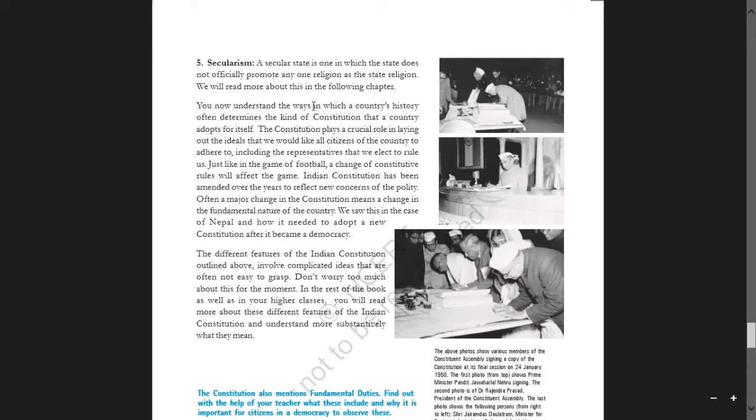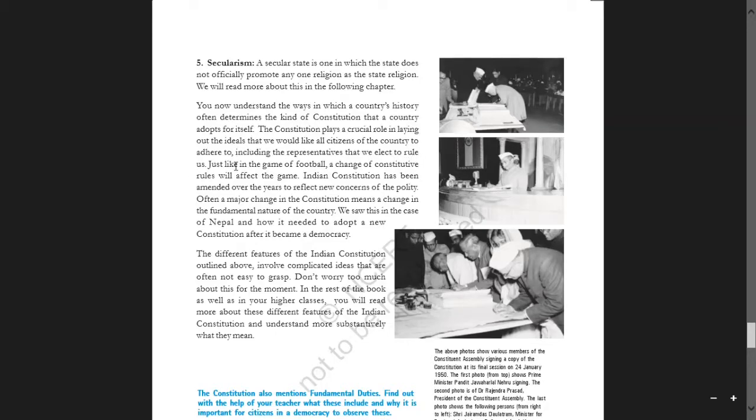You now understand the ways in which a country's history often determines the kind of constitution that a country adopts for itself. The constitution plays a crucial role in laying out the ideals that we would like all citizens of the country to adhere to, including the representatives that we elect to rule us.